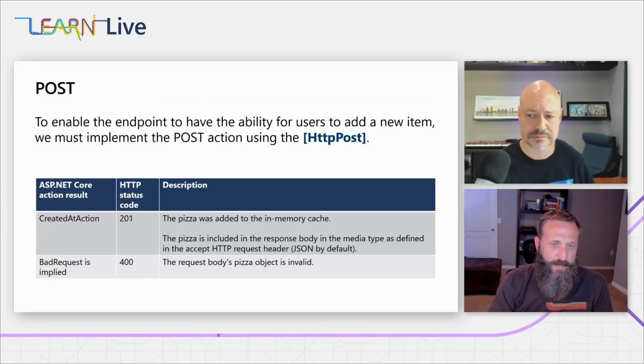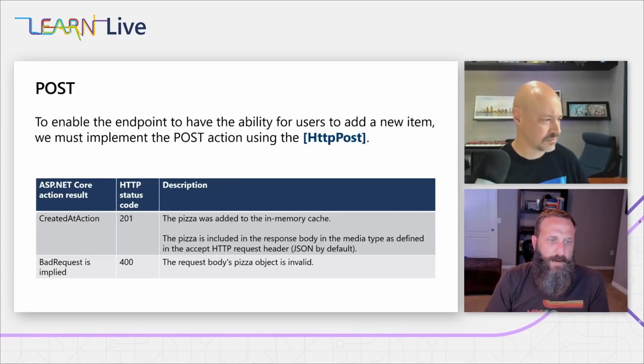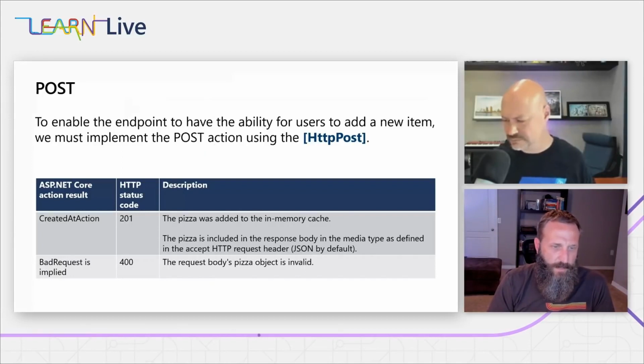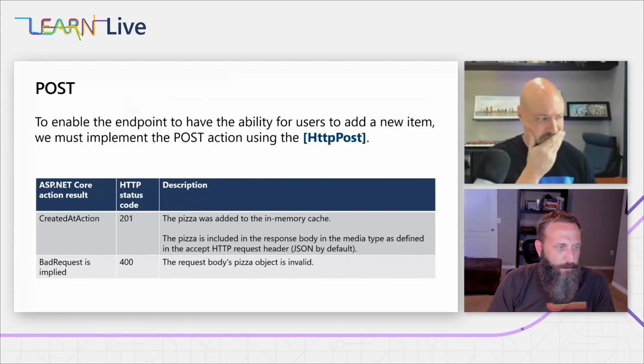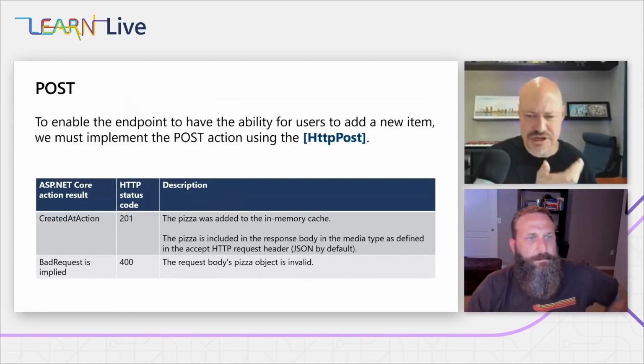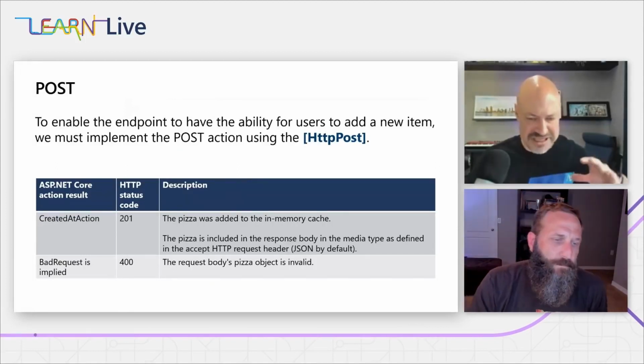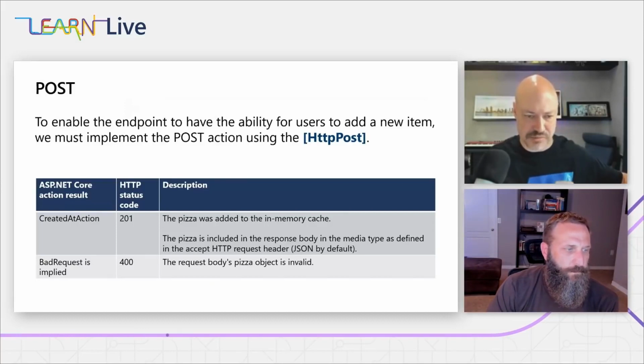You saw when John tried to get pizza 12, it was a 404; you'll get that on the get. On the post, if you try to create an object that has bad values in it, you can get an error code 400, which is the bad request. Having these standard error codes makes it easy to process things and understand. As I'm writing client code, browsers understand all this stuff.